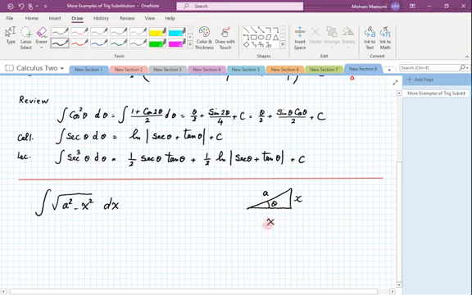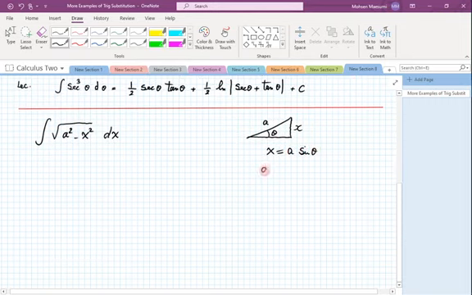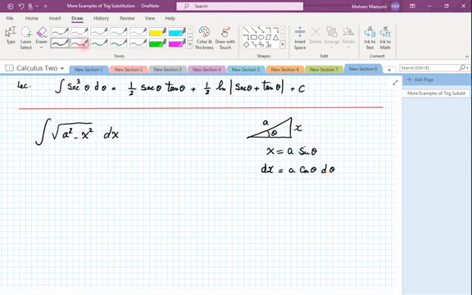So here in this case, x, the opposite of that, is of course hypotenuse times sine of the angle. For substitution we need the differential, so that's going to be a cosine theta d theta, and then the third side, of course, that radical, we are after a squared minus x squared in radical.